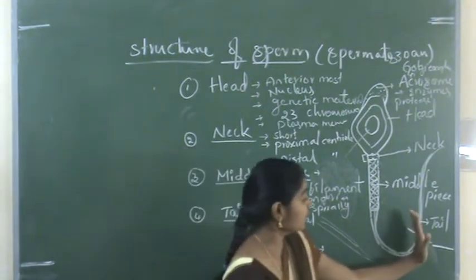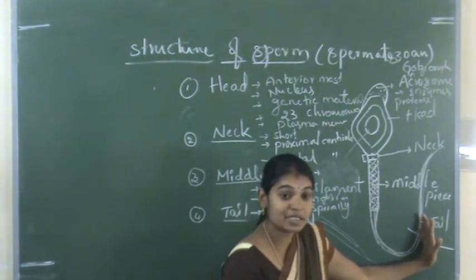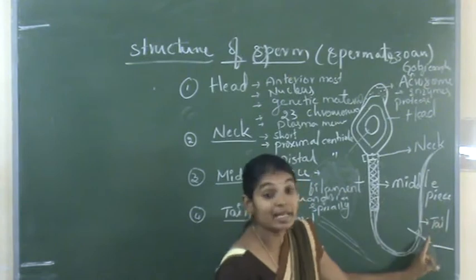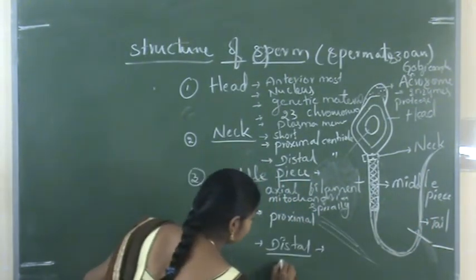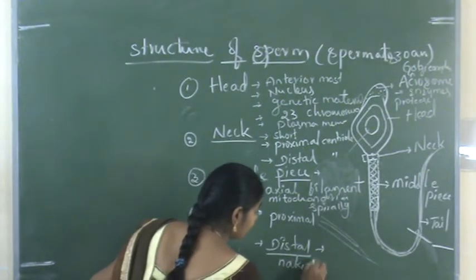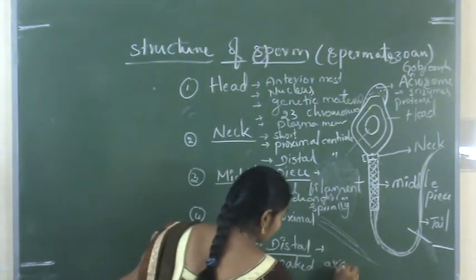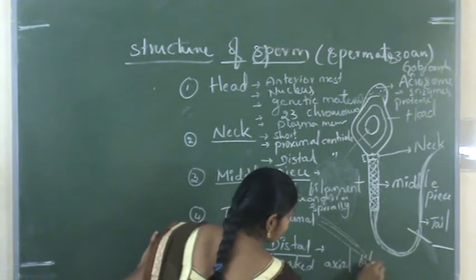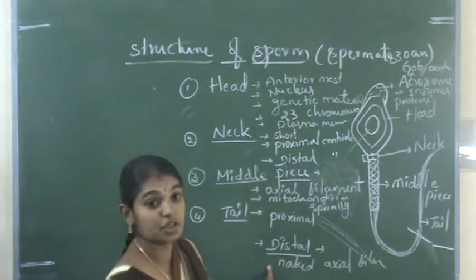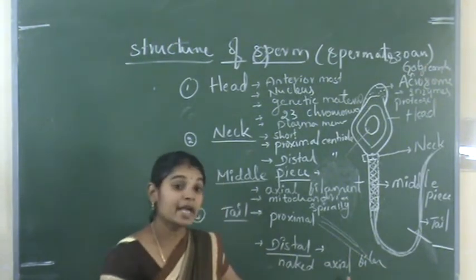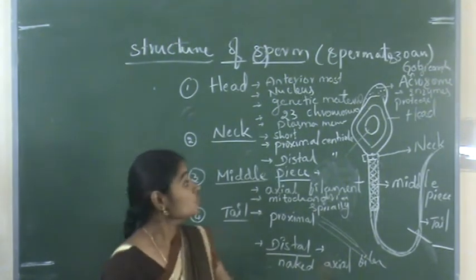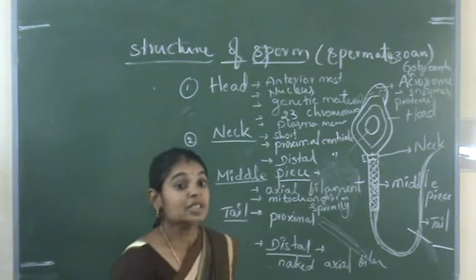Up to here only the plasma membrane is present, and after that the naked axial filament. So the distal tail contains the naked axial filament. This is the structure of the sperm.